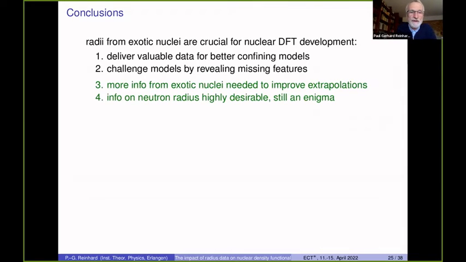In the future, we need just more of that, just to make the extrapolations to our r-process nuclei more reliable. It would be very nice to have a little bit more of the very neutron rich. And last but not least, the information on the neutron radius is highly wanted, but still enigmatic. Okay, that's all for today.